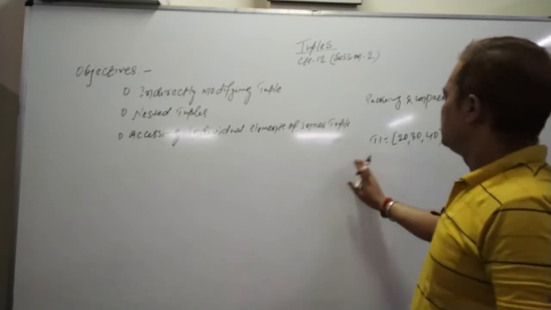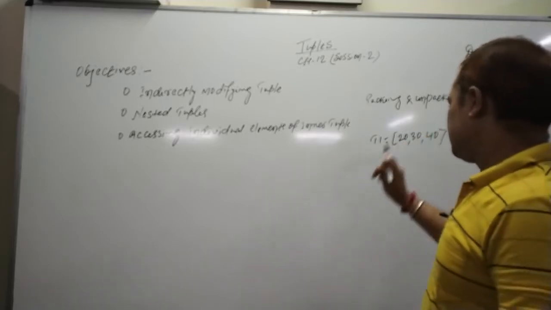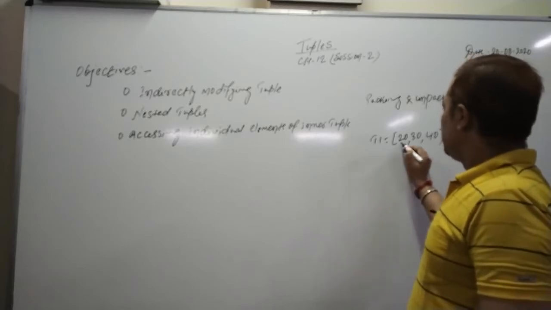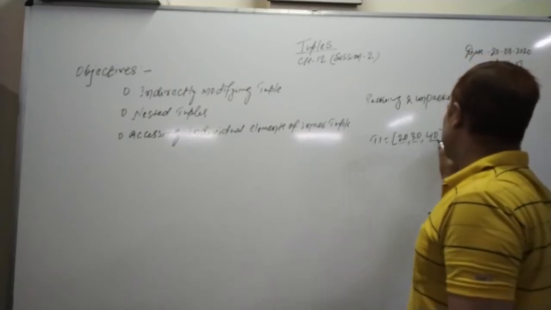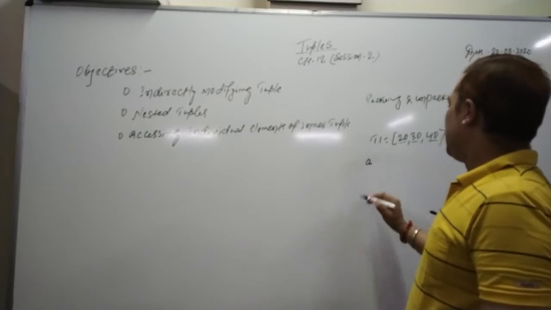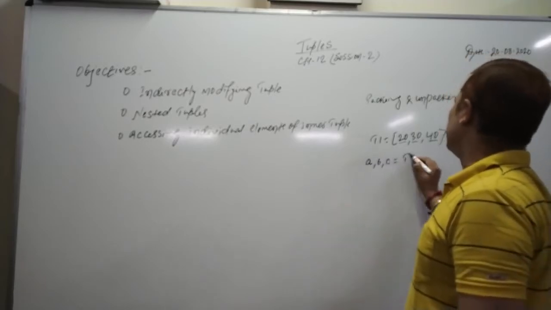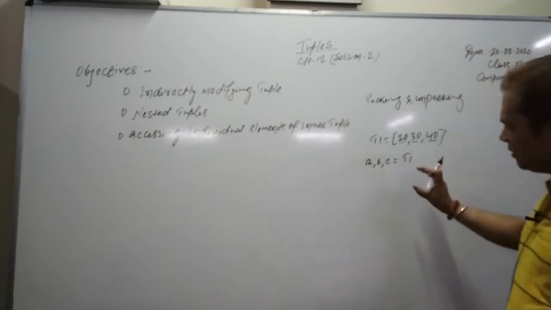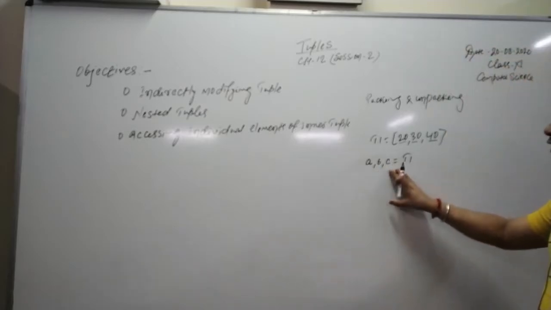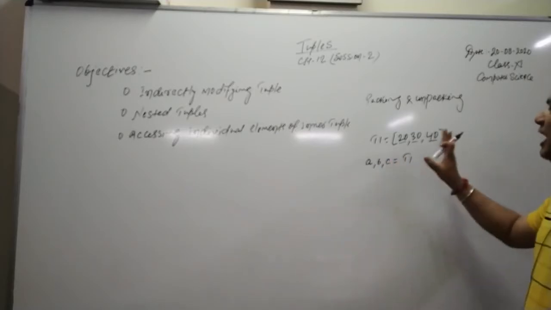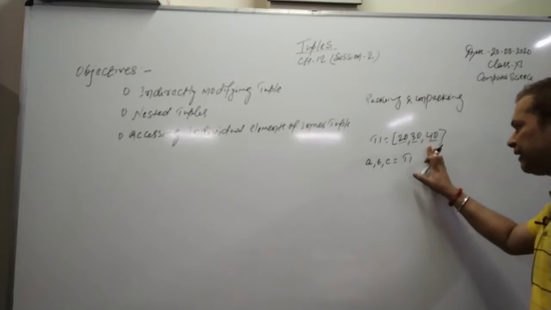Now how to unpack it, that I'm telling you. Considering the elements 20, 30, 40, you have to say A, comma, B, comma, C equal to T1. These are the three elements I want to refer to as the three elements of the tuple.